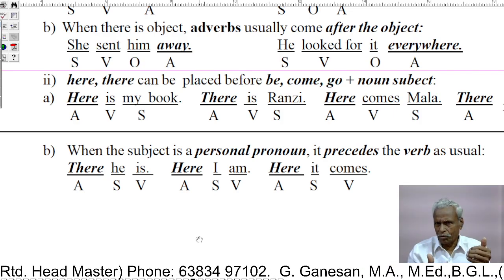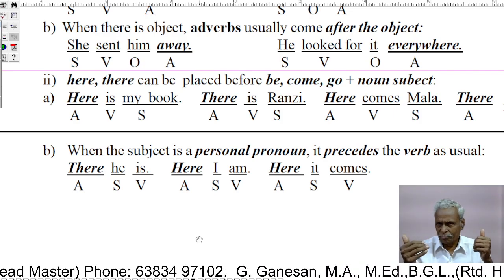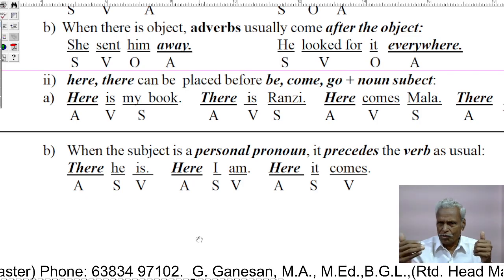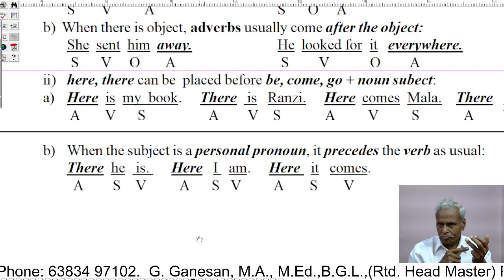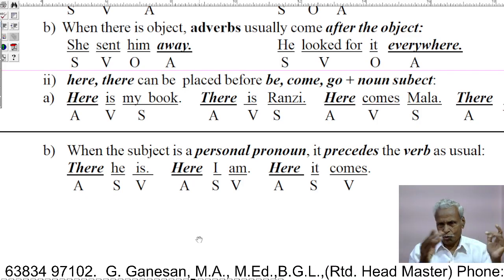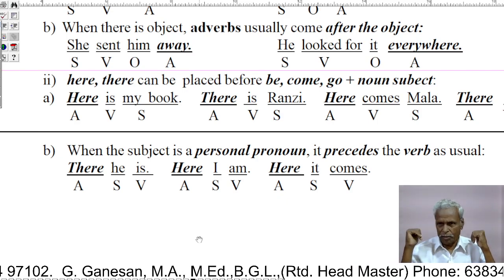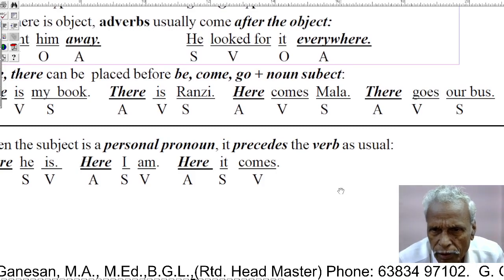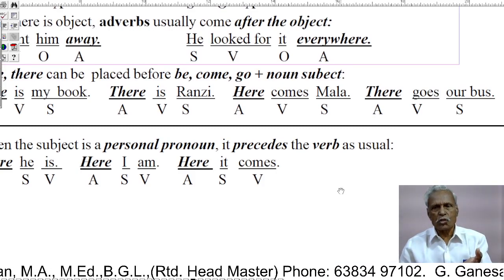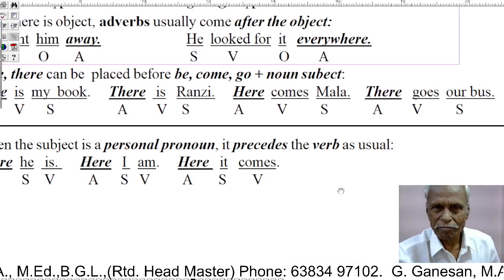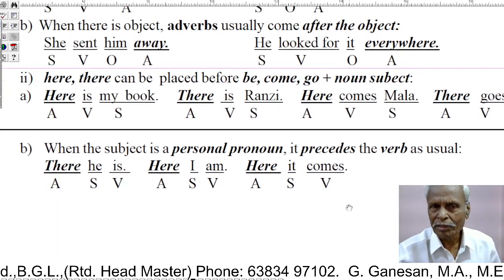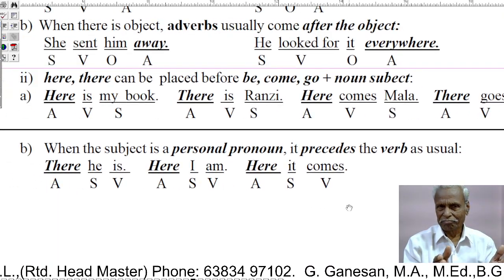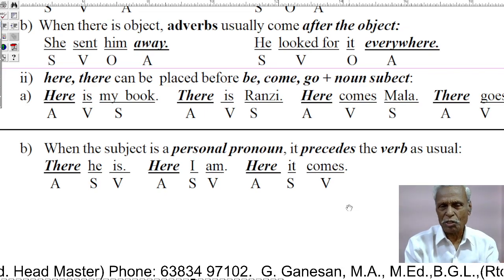Thus, here is my book. There is Ronnie. Here comes Mala. Be, come, go are the three verbs. There goes others. In all these, the subject has been placed after the verb.